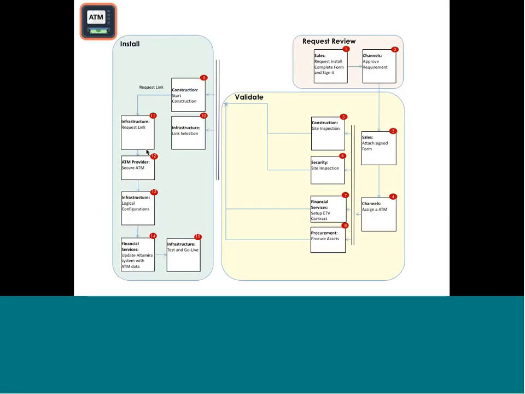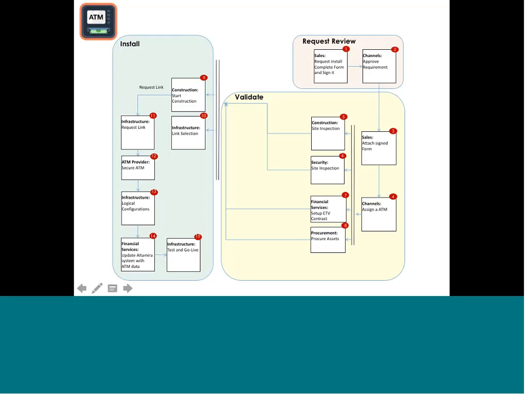So this is a high-level process. In reality, there are like 40 steps, but we selected the most important steps of the process in order to create this demo. We separated it in three big parts. The first, and then the channel group will approve that requirement.